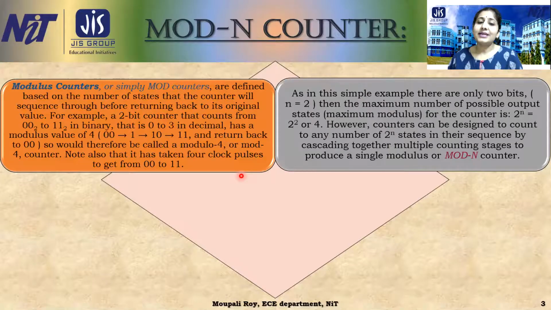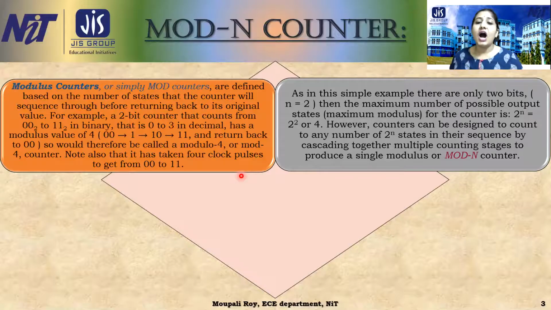As this is a simple example, there are only 2 bits, that means n is 2. Then the maximum number of possible outputs, or the maximum modulus count, is 2 to the power n. If there are 2 inputs, that means 2 to the power n, that is 4.